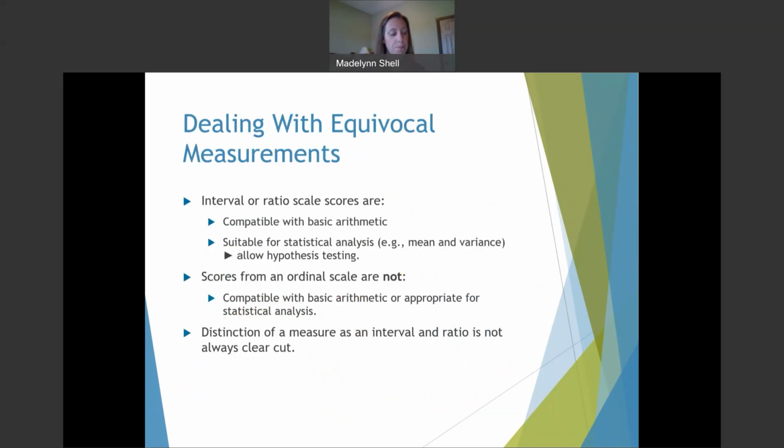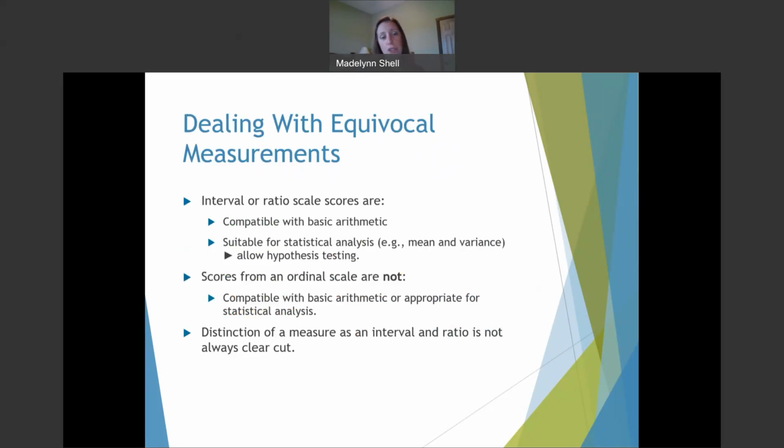The reason that we talk about these is because the level of measurement that you use determines what you can do with the data afterwards. In a quantitative study, which is what ours will be, having an interval or ratio scale is preferred so you can do statistical analyses and hypothesis testing.